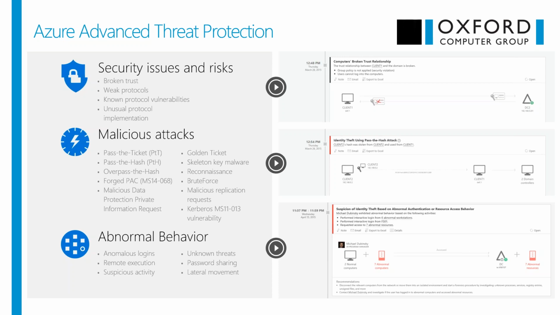And so it's basically the same premise as ATA, but what it's meant to do is detect vulnerabilities, malicious attacks, and abnormal behavior for on-premise identities. It's all based around Active Directory authentication, and so that's where all this data and analysis is being done. And so now it can be done in the cloud.